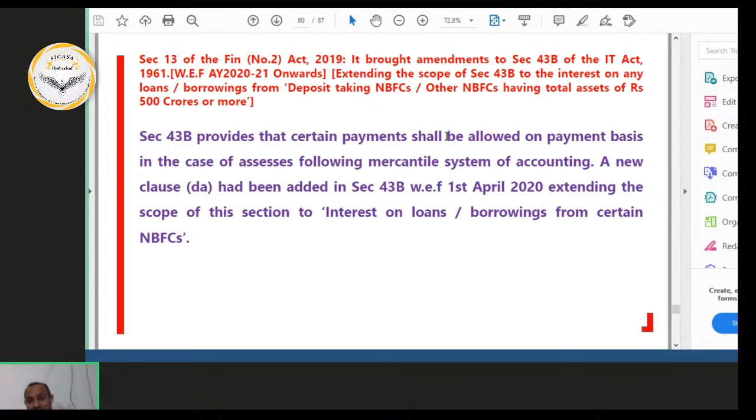It means asset base of that particular NBFC is exceeding 500 crores. In these two cases, where your client has taken a loan from these two types of NBFCs, the interest attributable to those particular deposits is covered under 43B. So it means it is allowed always on payment basis.